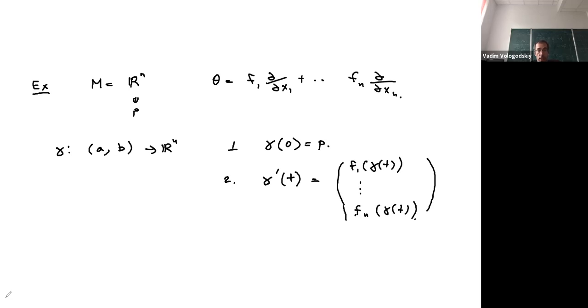I'm going to use the two main theorems in ordinary differential equations: the existence and uniqueness of local solutions. And also I'm going to use another theorem which tells me that the solution of an ordinary differential equation depends smoothly on the initial condition.